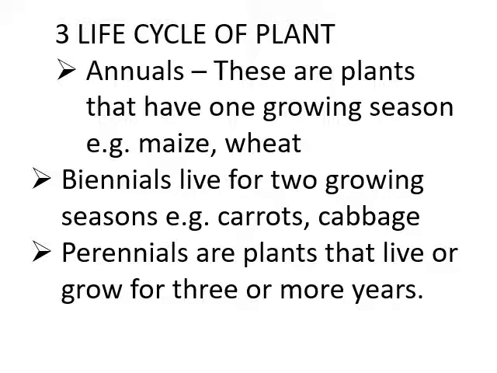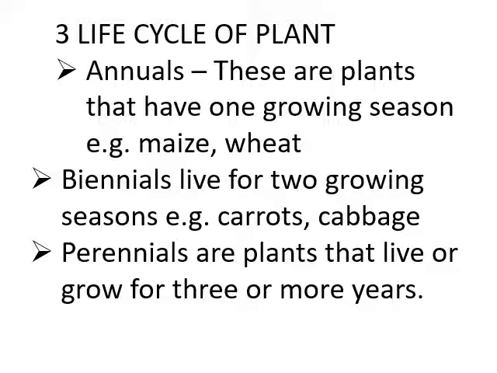Annuals produce seeds and complete the life cycle within a single growing season. Annuals are non-woody, can be referred to as herbaceous. The examples of these annuals are maize and wheat.